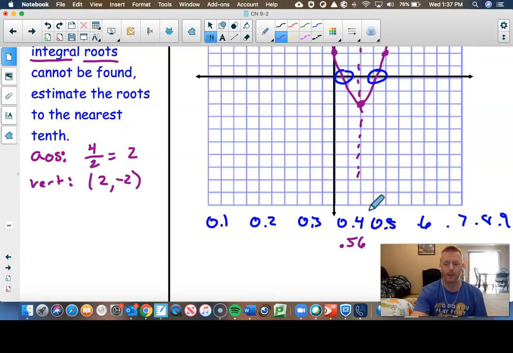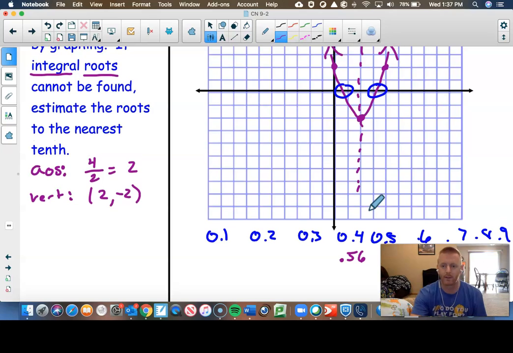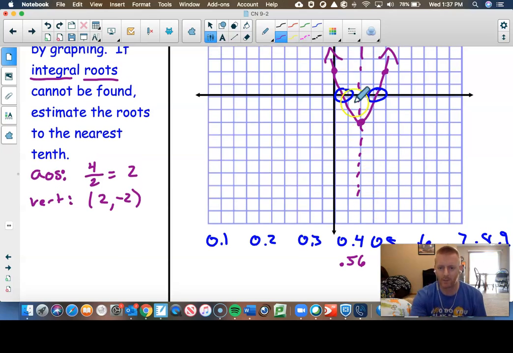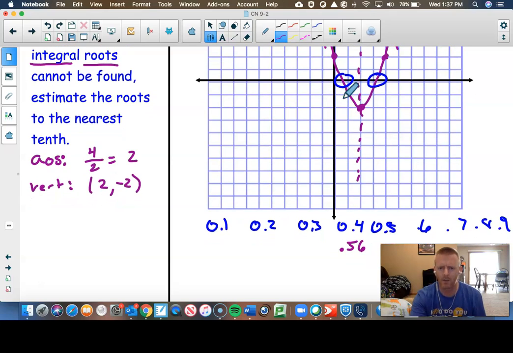Now I'm going to plug in 0.3 actually, because if I go bigger, I'm getting closer to 1. Actually, no, I want to plug in 0.5. We were just on a positive side. We want to get to a negative side. So plug in 0.5. I'll do the exact same thing: 0.5 squared, minus 4 times 0.5, plus 2.